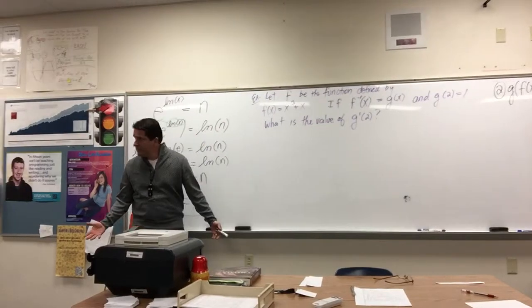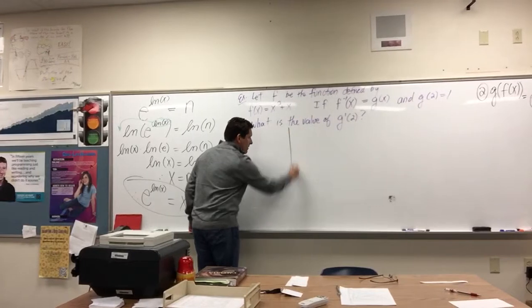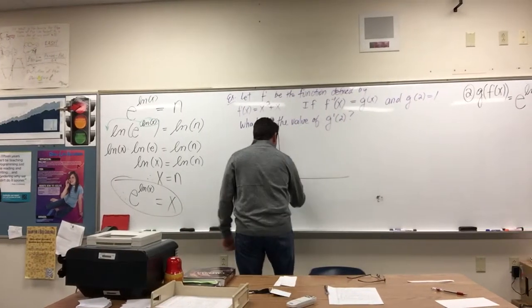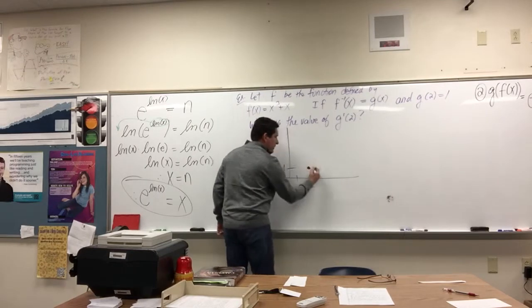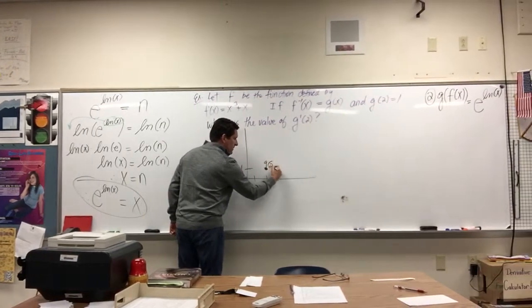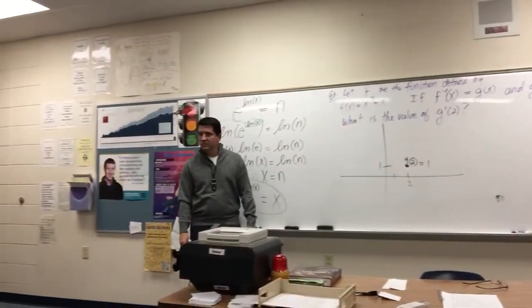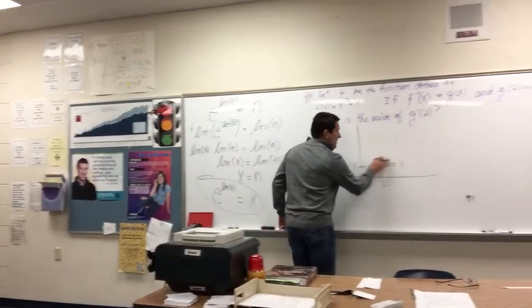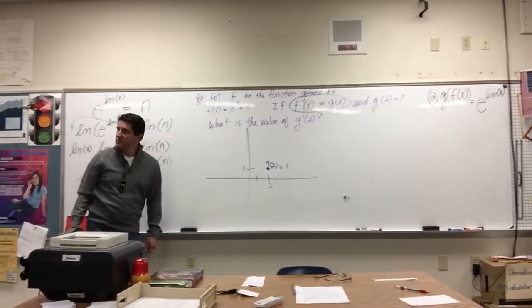Here's how I would do the problem. I'd say, all right, I know I've got some inverses going on here, and I know that g of 2 is equal to 1. That's probably the first thing I would do. Okay, I'd identify g of 2 is equal to 1. This statement right here says that f and g are inverses.